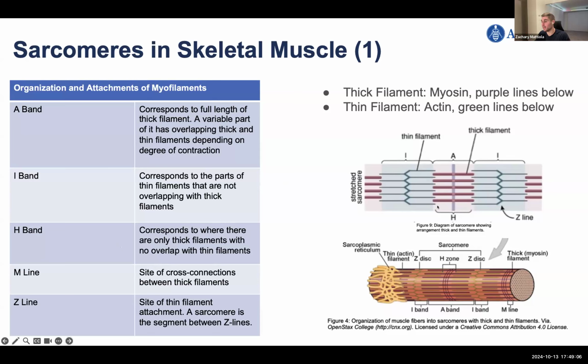Similarly, the H band corresponds with the portion of the thick filament that does not overlap with the portion of the thin filament. So just like with the I band, the H band is going to start about here and go to about there, okay? And think about it like this. When this myosin is pulling this actin closer to the center here, this H band is going to get smaller, right?